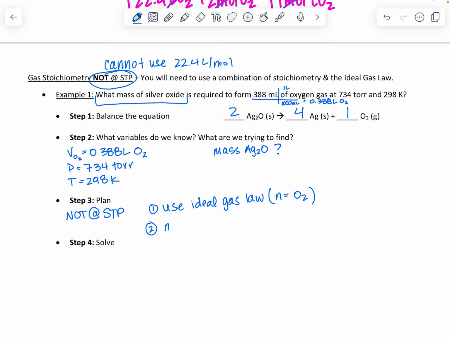We can go from moles of O2 to grams of silver oxide with stoichiometry, with the train tracks. So step 1 is PV equals nRT. We have to do this in 2 different steps because we're not at STP.